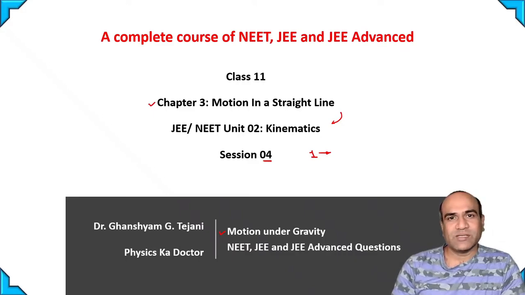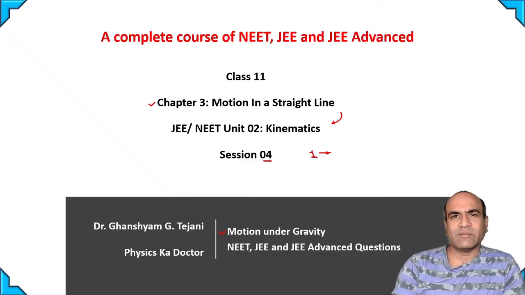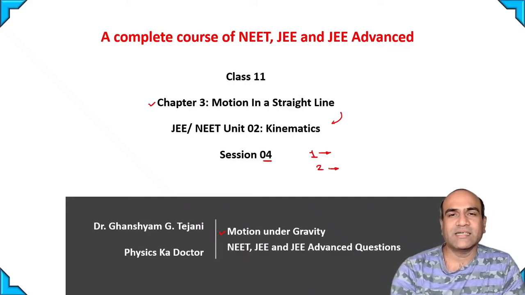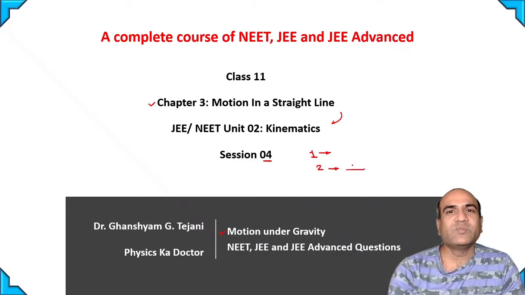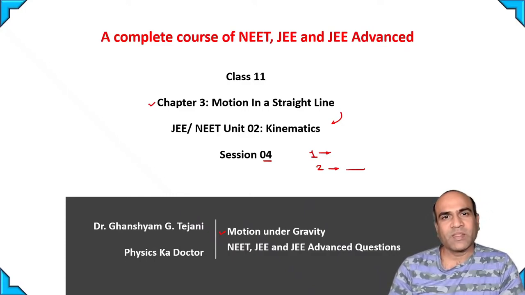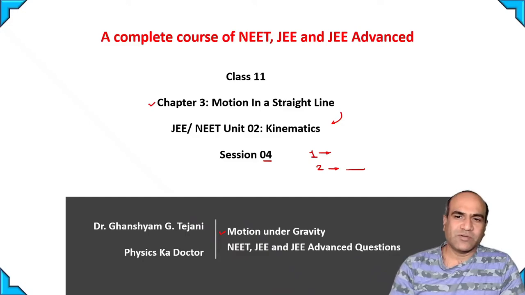so many examples from NEET, JEE, and all kinds of examples that can be asked during exam. In session number 2, we studied speed and velocity, the difference between speed and velocity, and so many examples were solved.